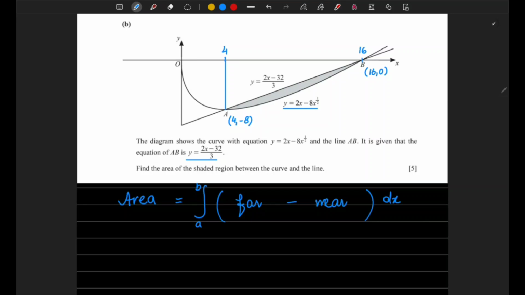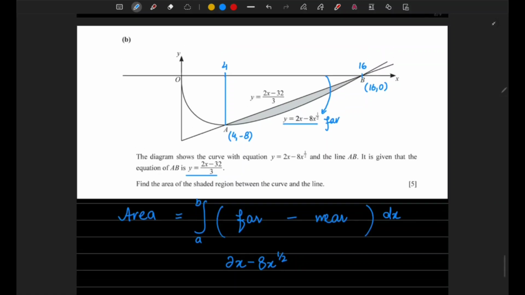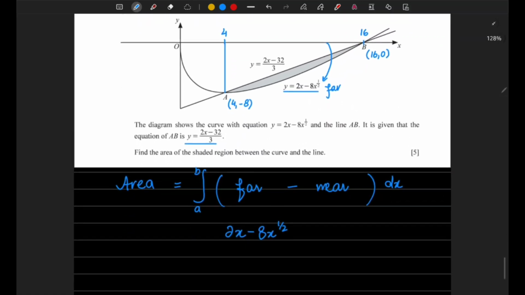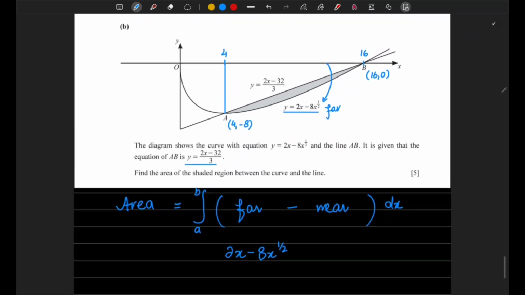So what is the farther curve? It is 2x minus 8x to the power half, farther from the x-axis. So this is far, and this one is nearer to the x-axis.